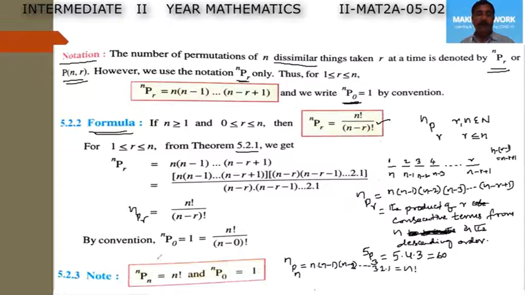Even if we substitute r is equal to n here, we get n factorial by (n minus n) factorial. n minus n becomes 0, and 0 factorial is equal to 1. So it gives n factorial by 1, which is equal to n factorial. Therefore, nPn is equal to n factorial. That means the number of permutations that can be made from given n different things by taking all the things at a time is always equal to n factorial.